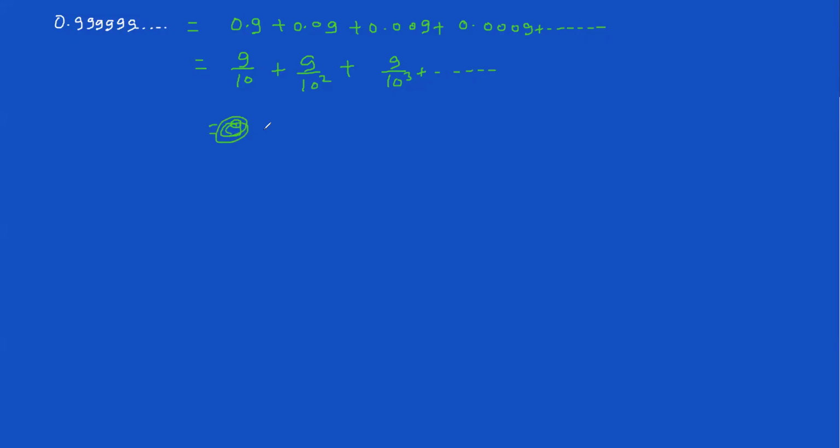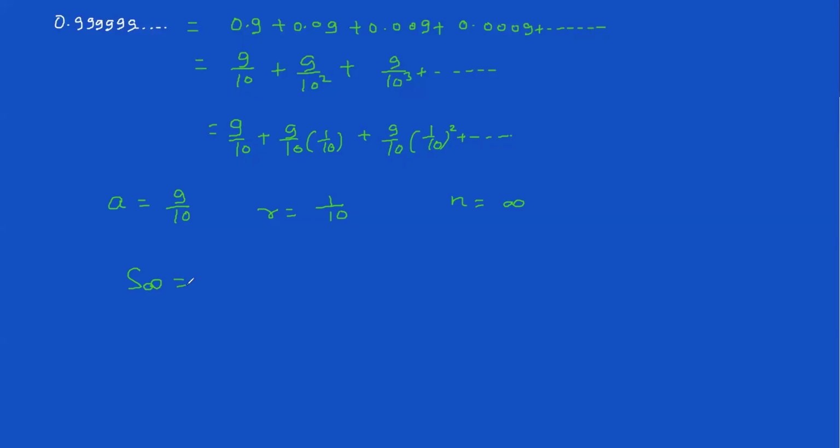See, 9 over 10, 9 over 10 into 1 over 10, 9 over 10 into 1 over 10 square, and so on. You can see A is what? R is, and N is infinite, right?